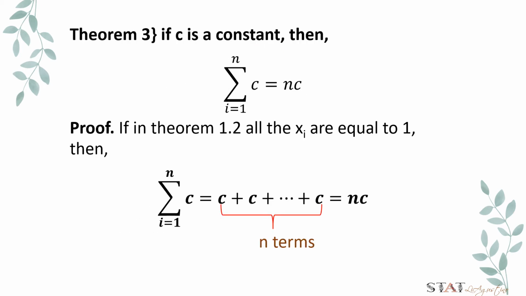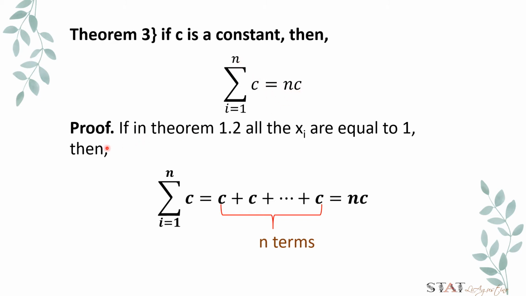Now let's proceed to theorem 3. If c is a constant, then the summation of c, where i ranges from 1 to n. As you can see, there is no i index in the expression. So this expression is equal to n, the upper limit, multiplied to your constant.